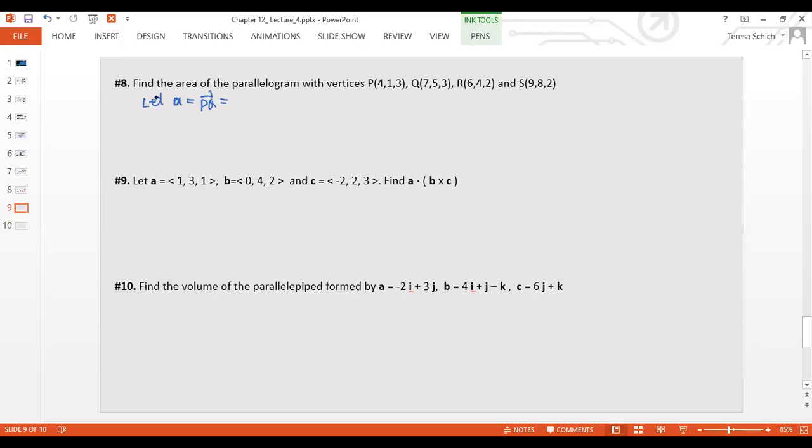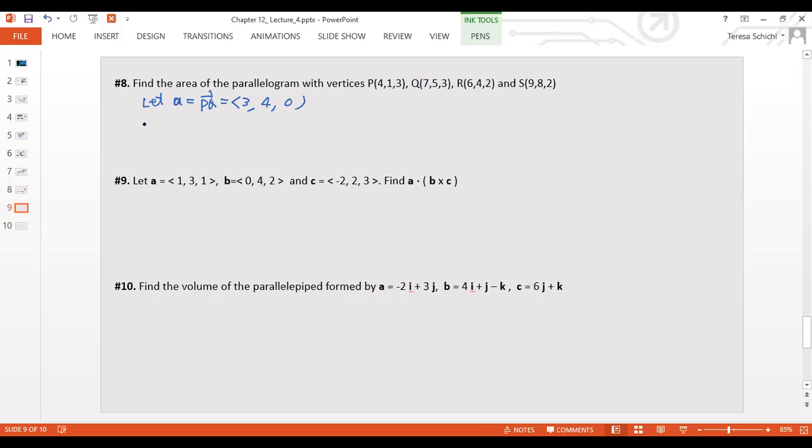That means you use the end point minus the beginning point. So 7 minus 4 is 3, 5 minus 1 is 4, and 3 minus 3 is 0. So I know PQ is 3, 4, 0.